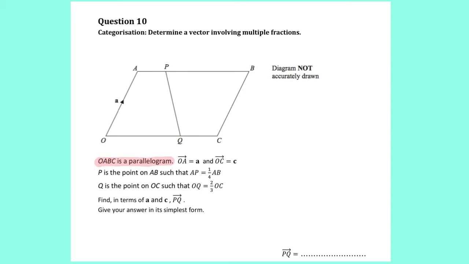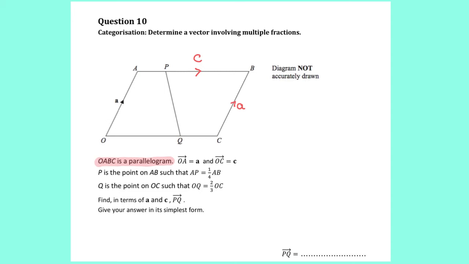We're told that OA is equal to A. We're told that OC is equal to C. That means that CB is also equal to A, and AB is also equal to C. We're also told that P is the point on AB such that AP is equal to 1/4 of AB.